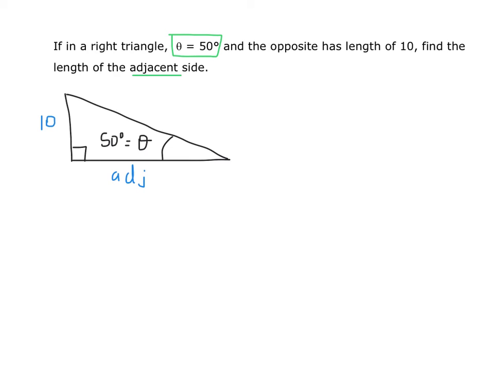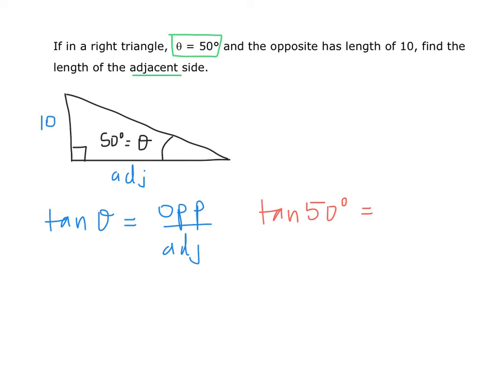All right, we can use the fact that the tangent of an angle theta is equal to the ratio of the opposite over the adjacent side. So let's fill in what we know for this problem in that relationship. Well, we know theta, so we can write in tangent 50 degrees is equal to the opposite, which we were given as 10, over the adjacent.